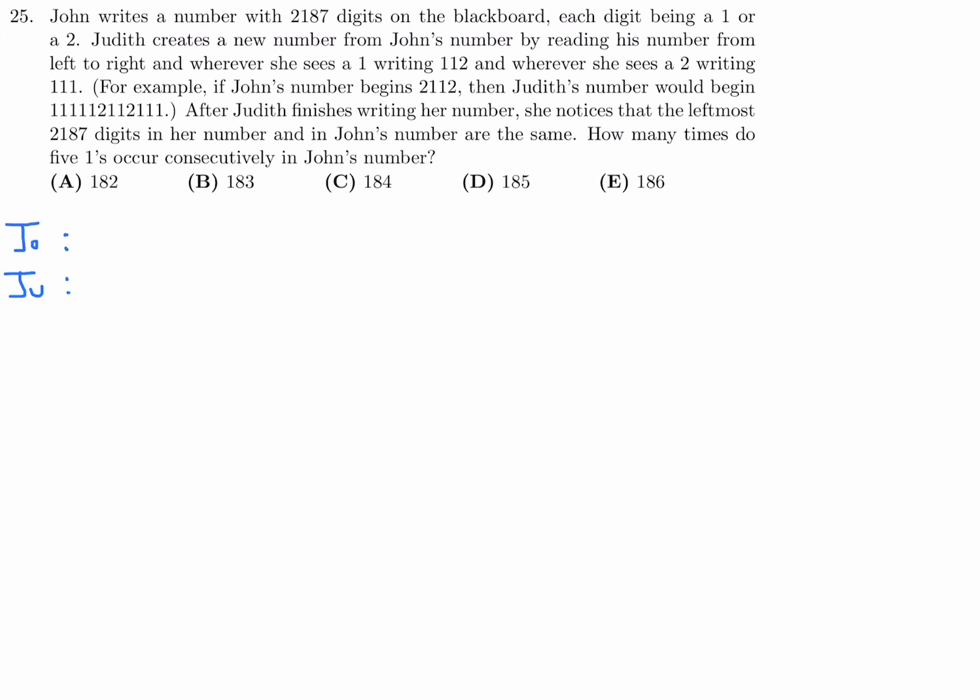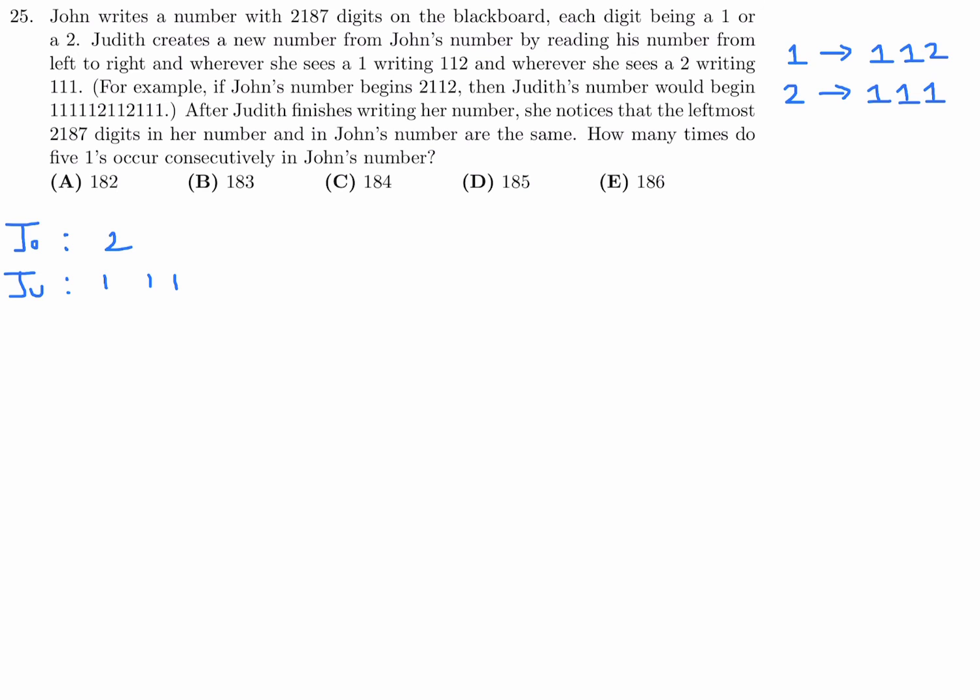So for example, if John's first digit is a 2 in the big long number, Judith will then write 1, 1, 1, correct? Entirely based on the question. When Judith sees a 1, she writes 1, 1, 2. When she sees a 2 in John's number, she writes 1, 1, 1. Okay? So 2, 1, 1, 1, immediately this doesn't work.